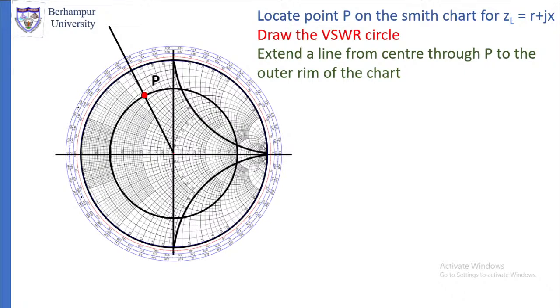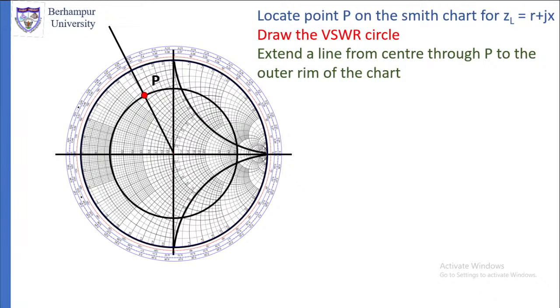Now, if from point P we move along the constant VSWR circle, we can reach 2 important points. Point P is representing the load, and if we move in the clockwise direction, we will move towards the generator or towards the source.